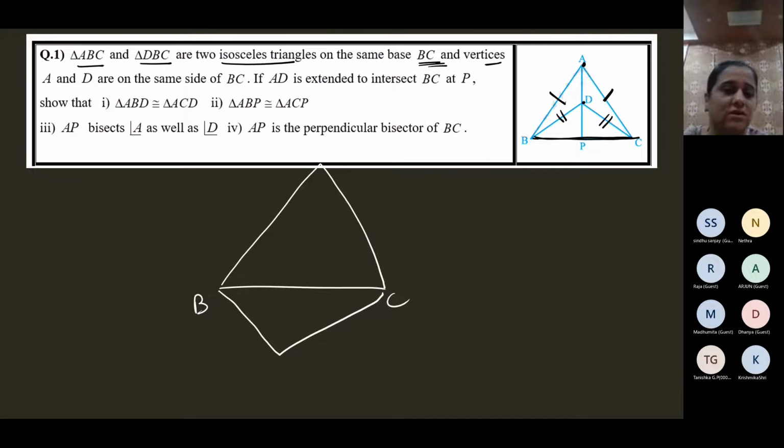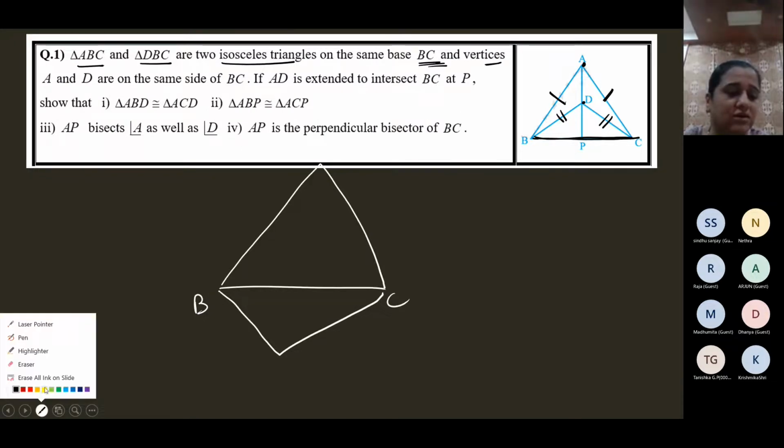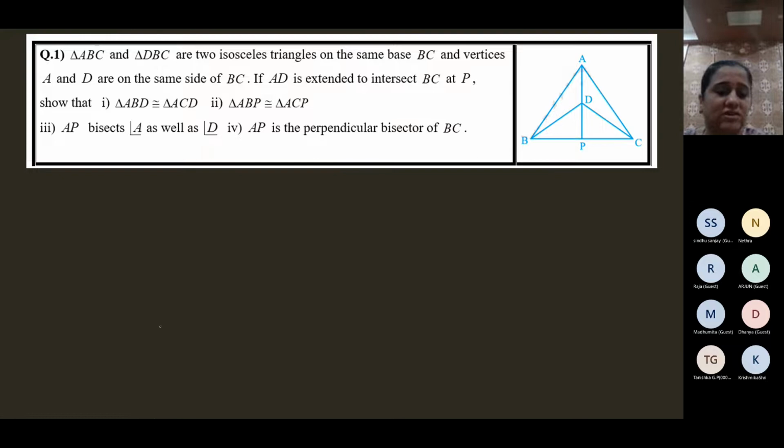But here we have two isosceles triangles on the same base BC. So now you have a question. Now that you know the situations, your immediate question in your mind is, okay, on the same base BC, are the triangles on the same side of BC or on the opposite sides of BC?